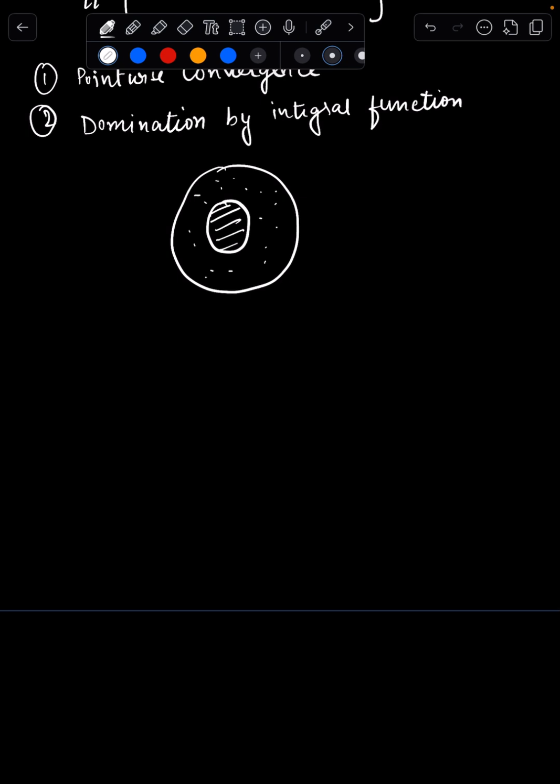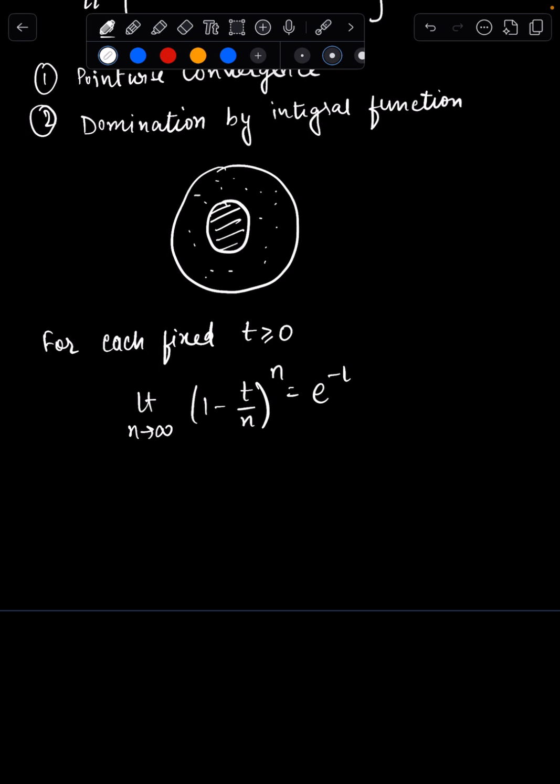We see that for each fixed t greater than or equal to 0, the limit as n tends to infinity of (1 - t/n)^n is equal to e^(-t). This is a regular limit, we know that.